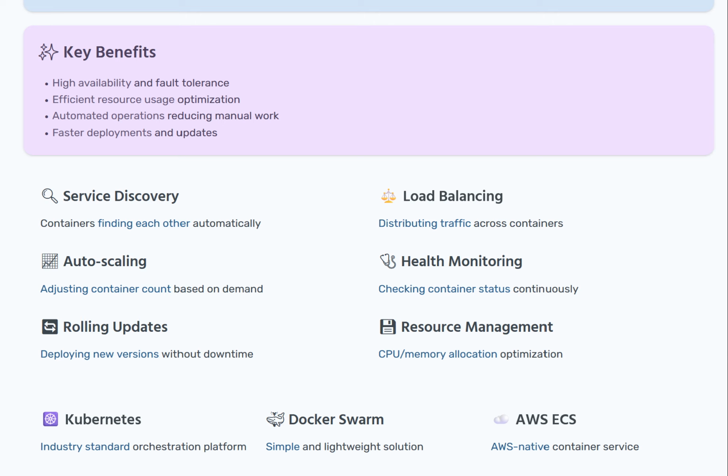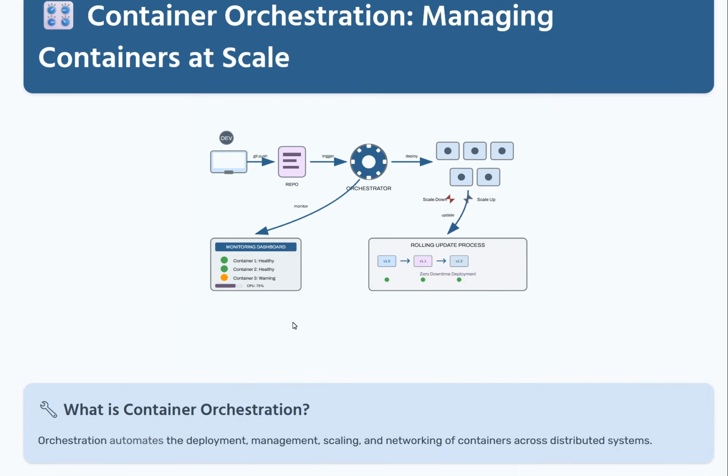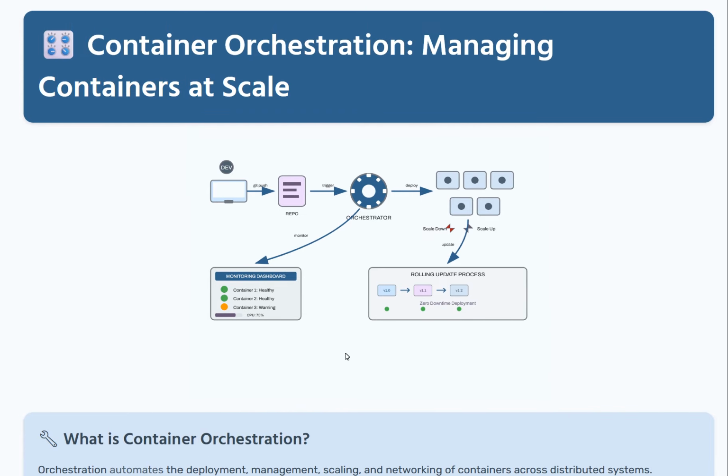So if I go back now to the picture, you might get an idea. We know the container now. Once you orchestrate the container, that will make things easier. Here is the orchestrator, and the developer has GitHub with the code in a repository. He manages the code here, then triggers orchestration, and then you deploy containers.